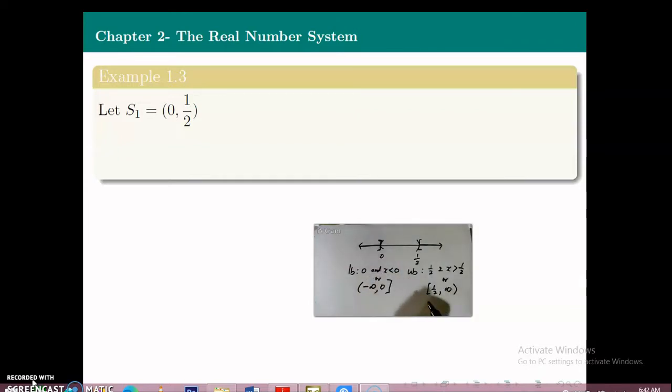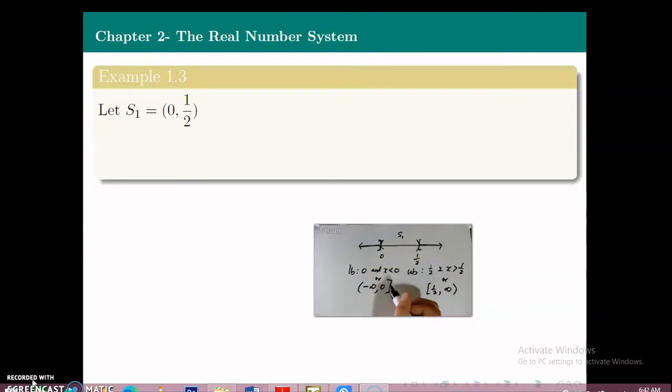So since this set S sub 1 has upper bounds or is bounded above, and it also has lower bounds or is bounded below, therefore this set is bounded.